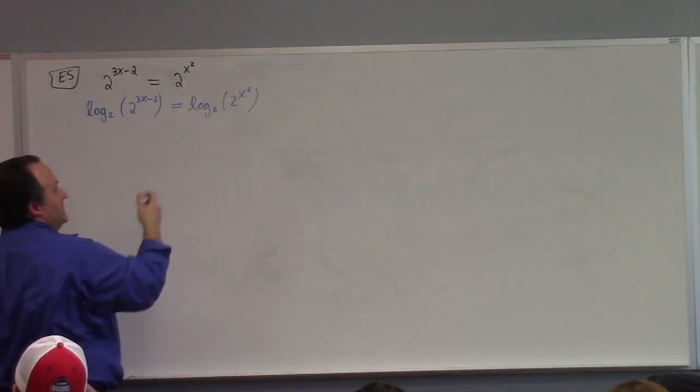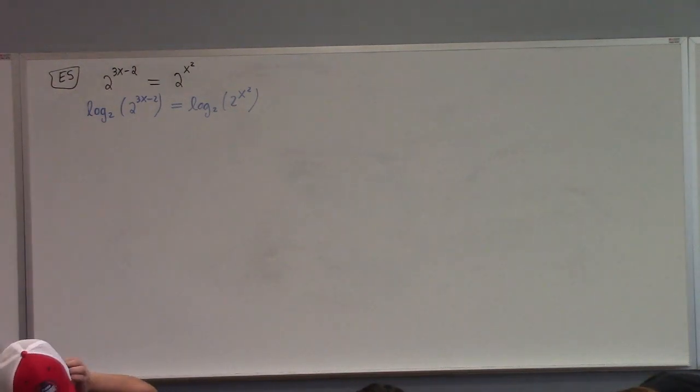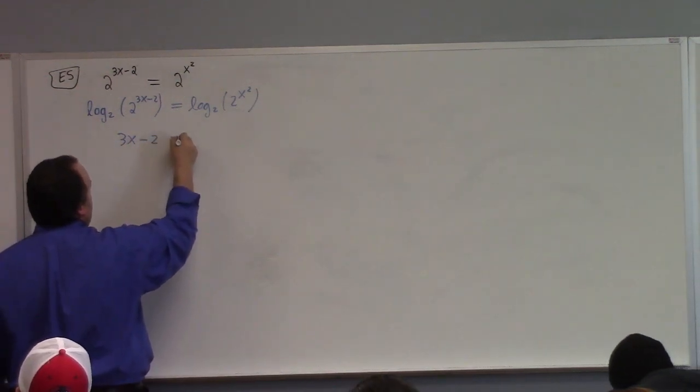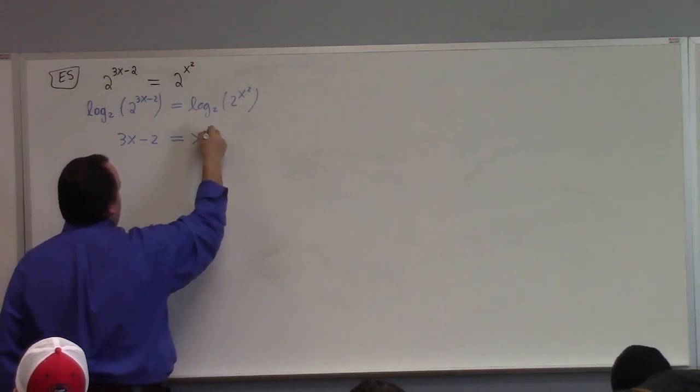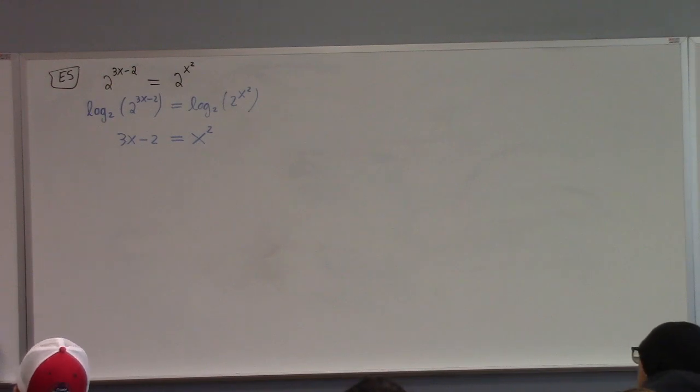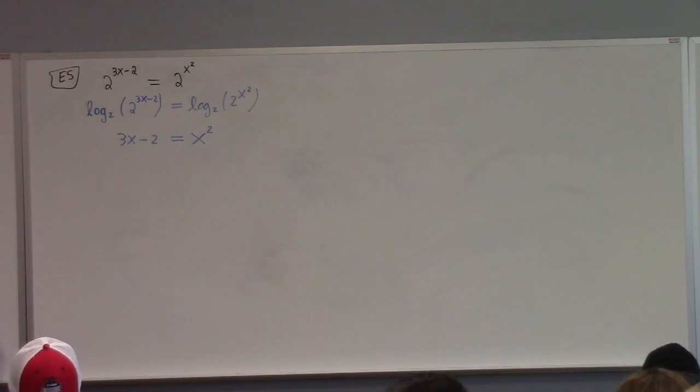Well, remember, log base 2 and the exponential base 2 are inverse functions, right? So that gets us to 3x minus 2 equals x squared, which is where you would have gotten directly last time by the one-to-one property. And that's still how you should do it. I just want to point out you could think of it this way.